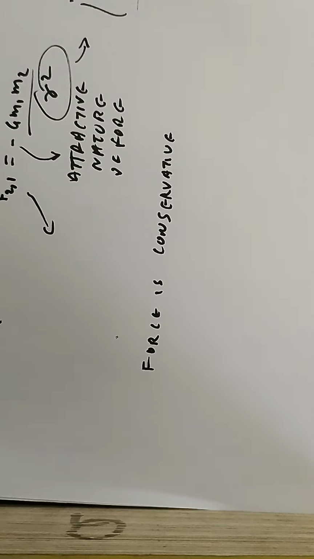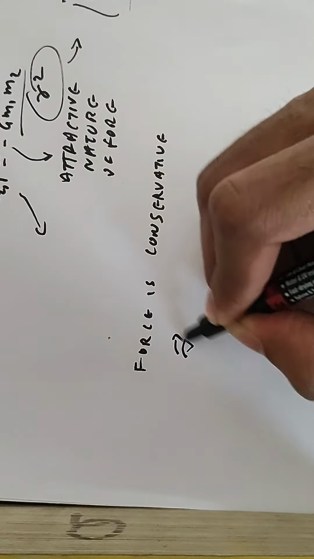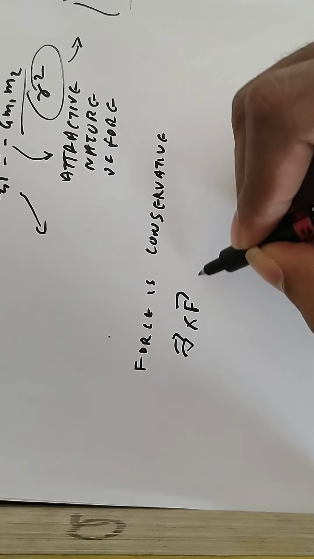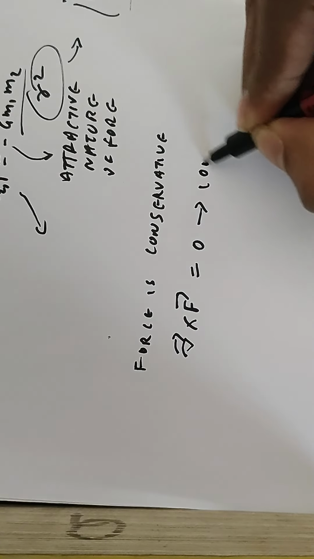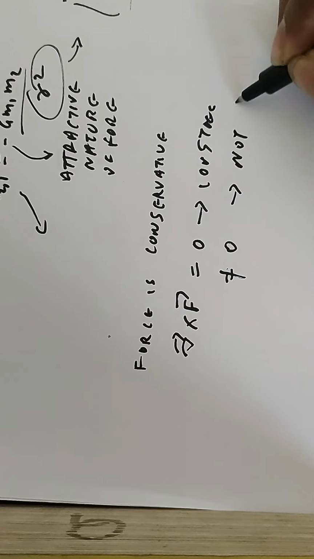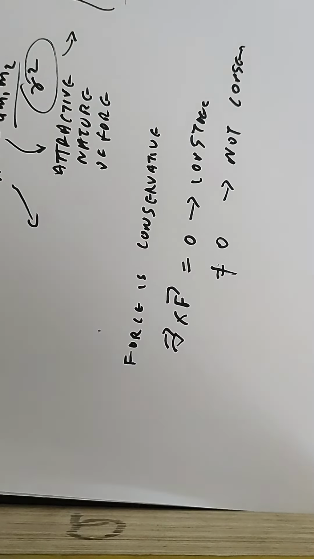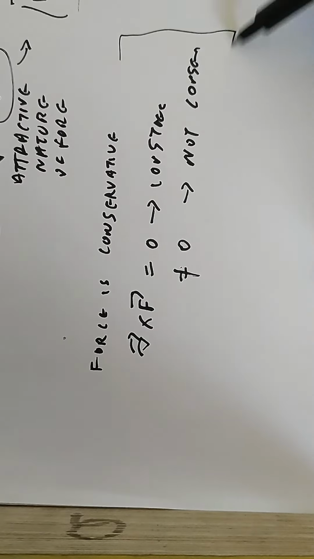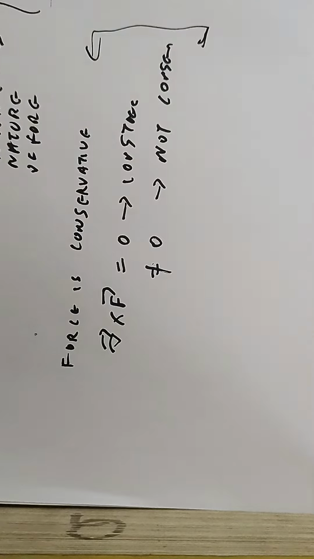I briefly gave you the steps to find out if the force is conservative or not. One way is to check the vanishing of the curl. If it is equal to 0, it's conservative. If it's not equal to 0, it's not conservative. So we saw, and I gave you very brief steps from the definition of work.